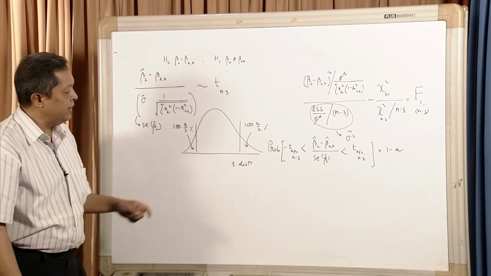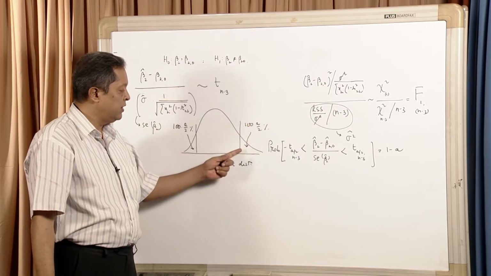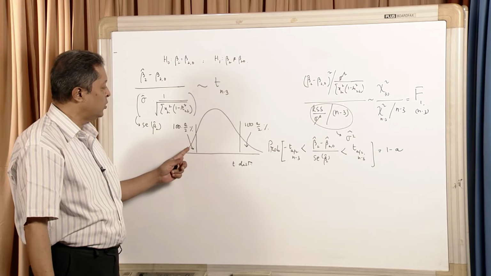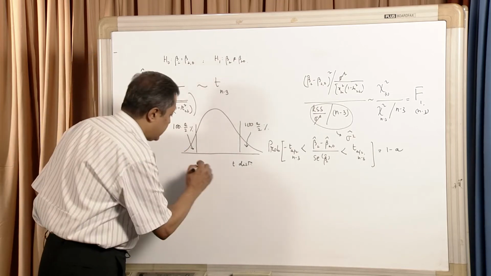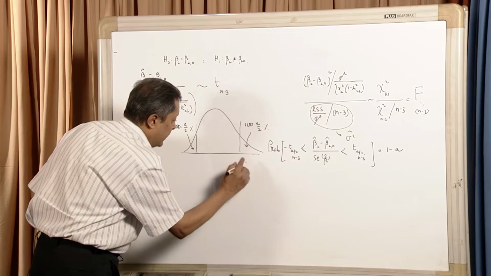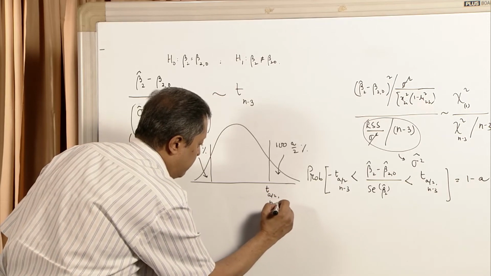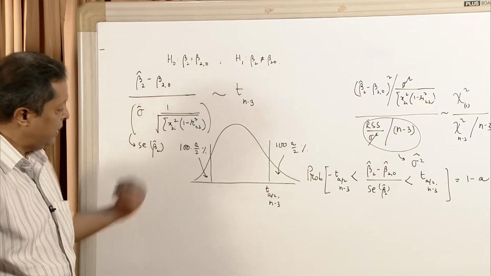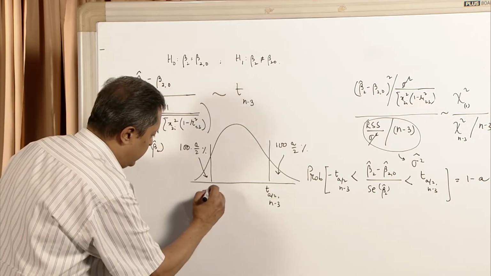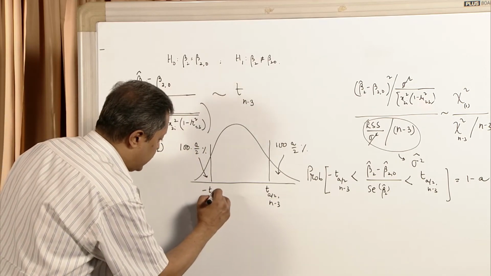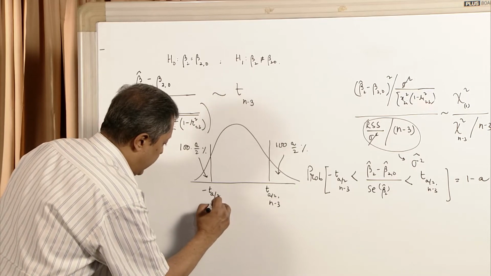So, if a is 5, that means this is 2.5%, this is also 2.5%, and this we denote as T a by 2 comma n minus 3, and because of symmetry of the T distribution we denote this goal post as minus T a by 2 n minus 3.